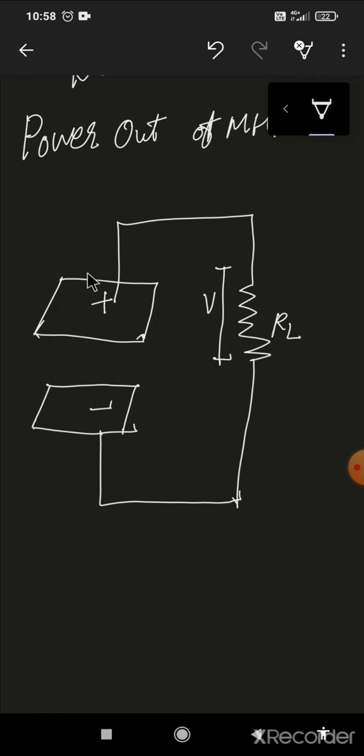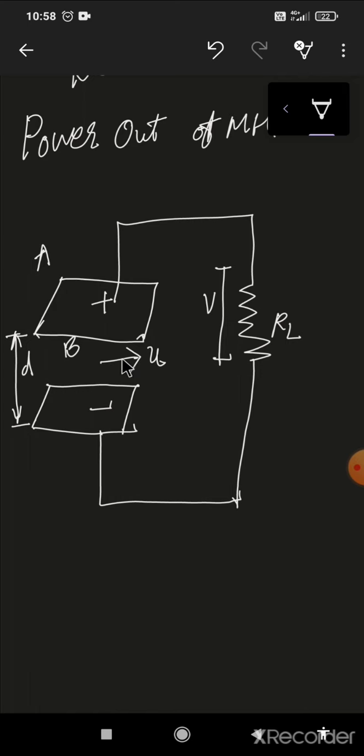Suppose this is A, this is B, and this is the distance D, and suppose the gas is moving at a velocity u.